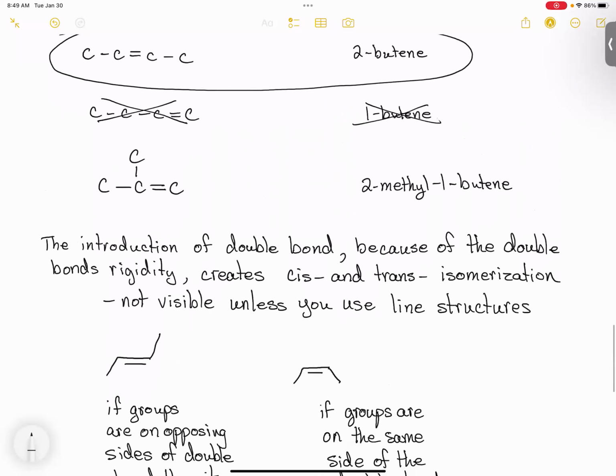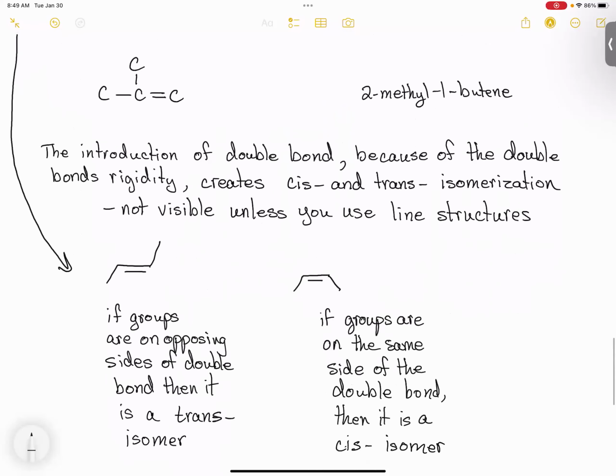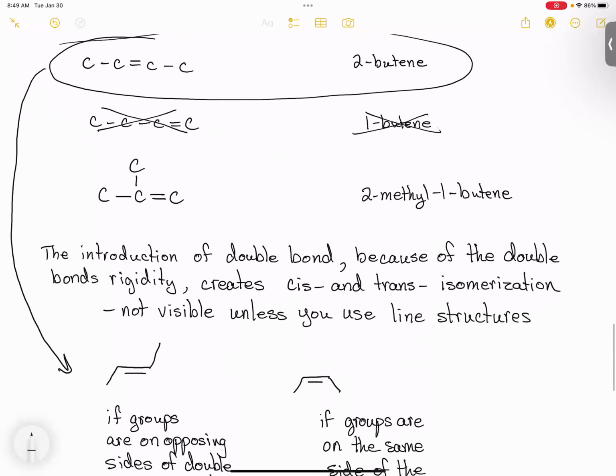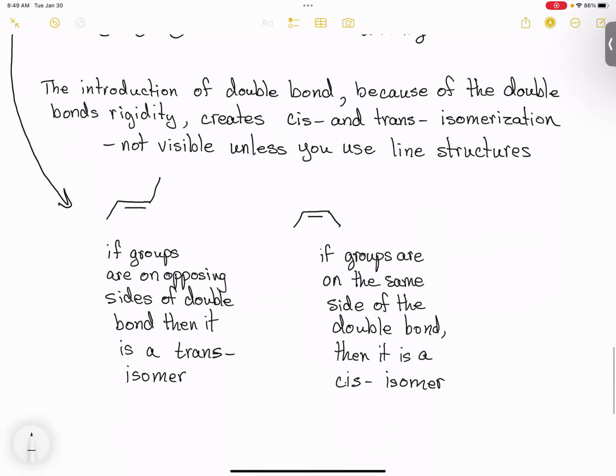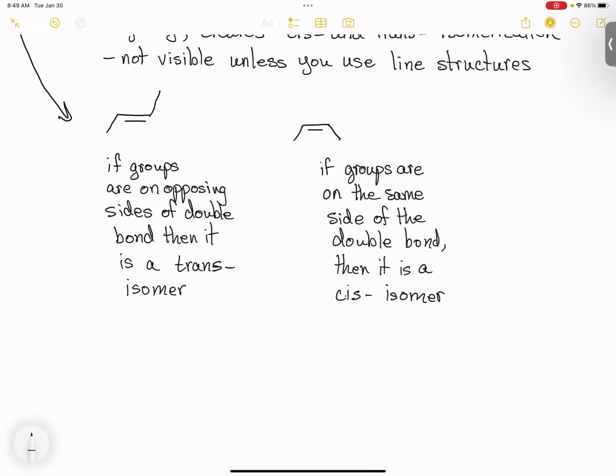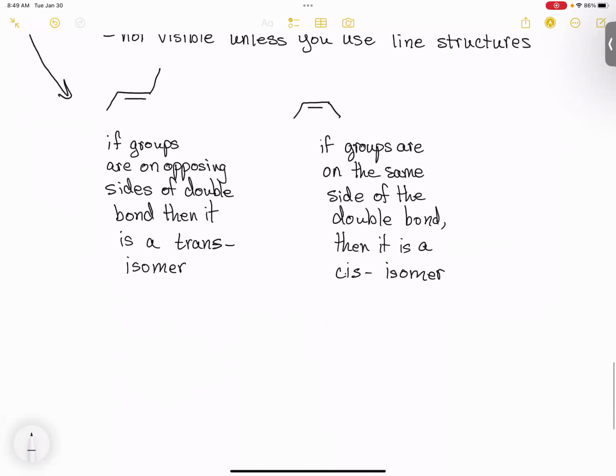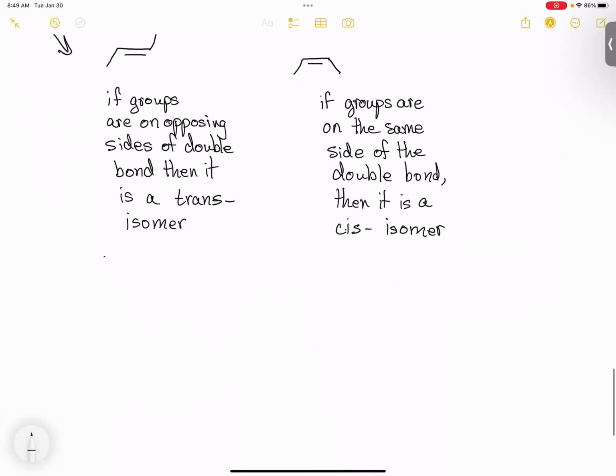So this 2-butene that we drew, the one I circled up above, could actually be divided into two. It can be called trans 2-butene or cis 2-butene.